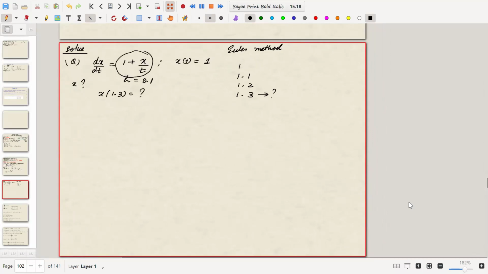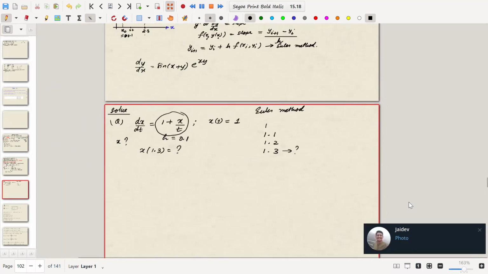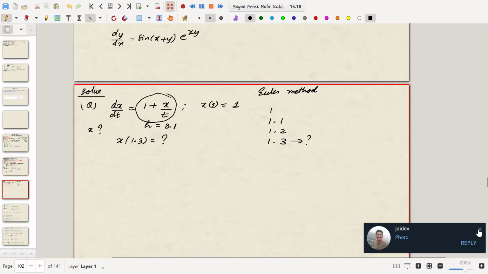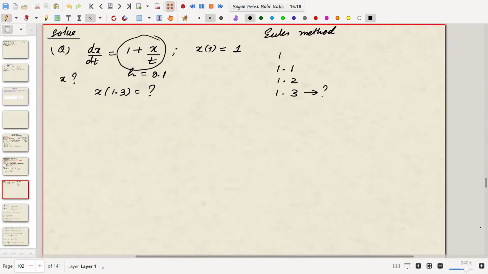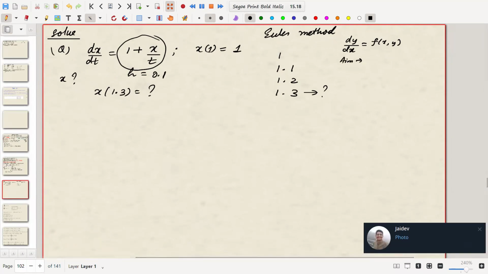Okay, let us solve this. You already know using Euler's method that if dy by dx equals f of x comma y, our aim is to find y.